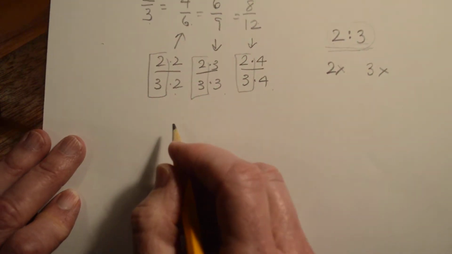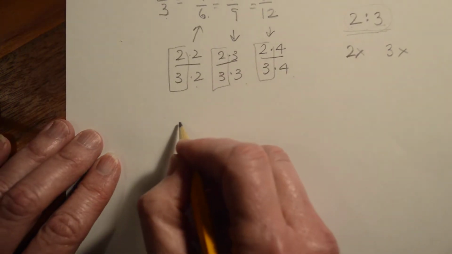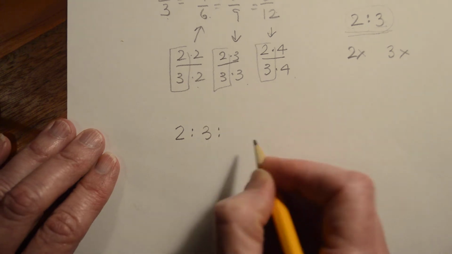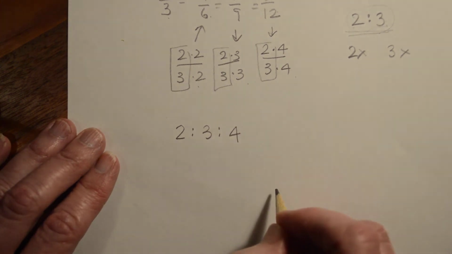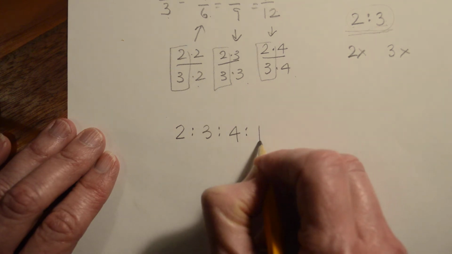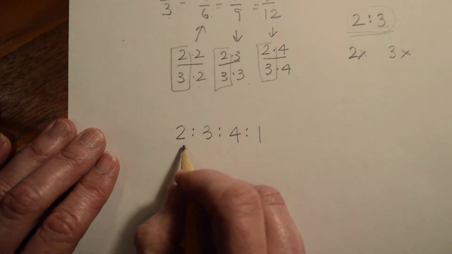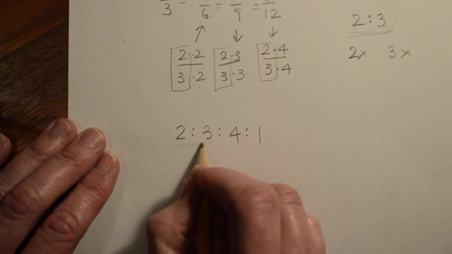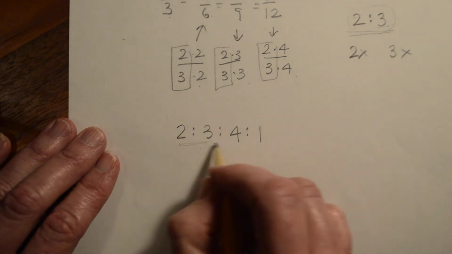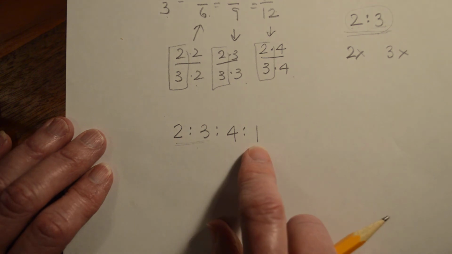We could say this was the 2 cups of sugar and 3 lemons, but then maybe we would say it's 2 cups of sugar to 3 lemons to 4 cups of water to 1 mint leaf or something like that. And so it's a continued ratio. It goes beyond just the typical comparison of 2 numbers that we think about and adds more ingredients or whatever, more elements to this ratio.